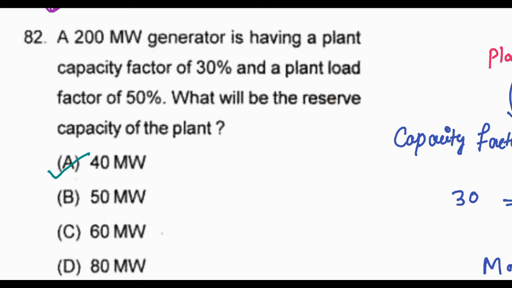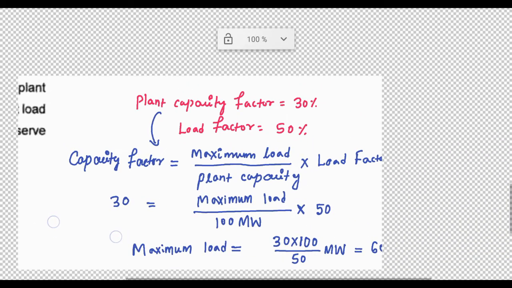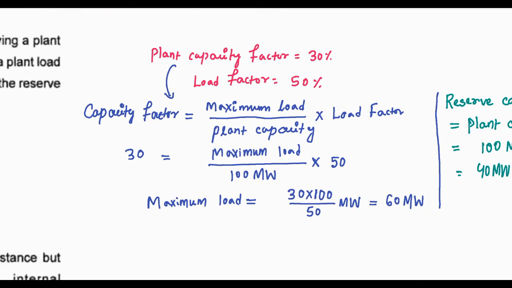So here the reserve capacity of the plant is asked. The plant capacity factor is given to be 30% and the load factor is 50%. Capacity factor is the maximum load by plant capacity into load factor. So 30 will be equal to the maximum load by 100 megawatt into 50.